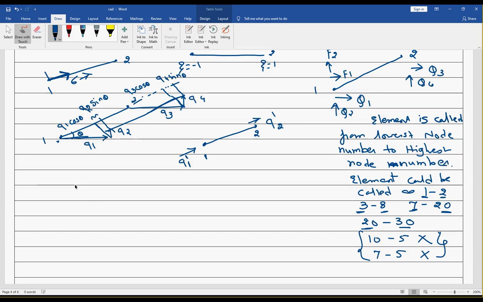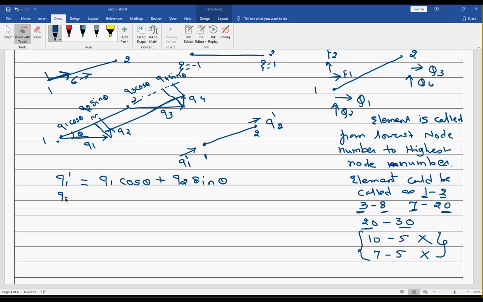Okay, and that is represented as Q1 dash is equal to Q1 cos theta plus Q2 sin theta. Okay.